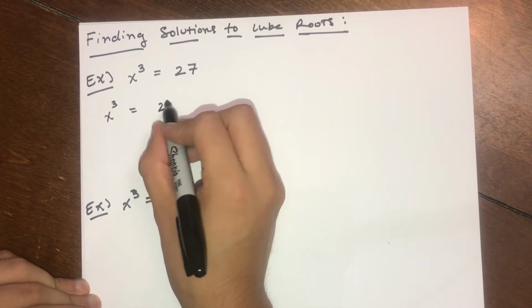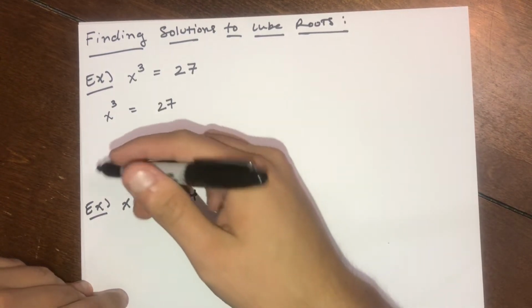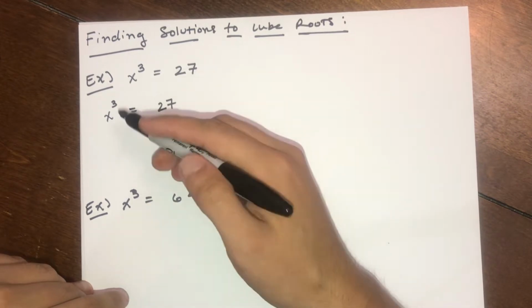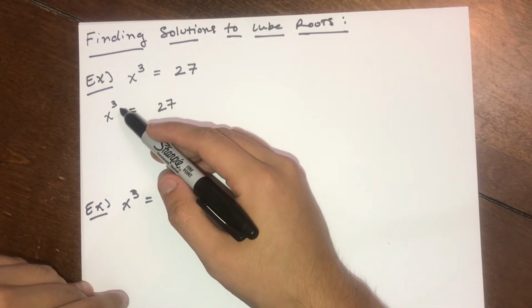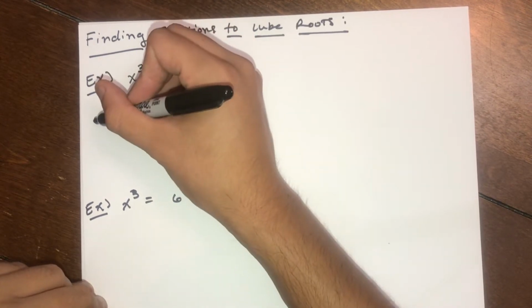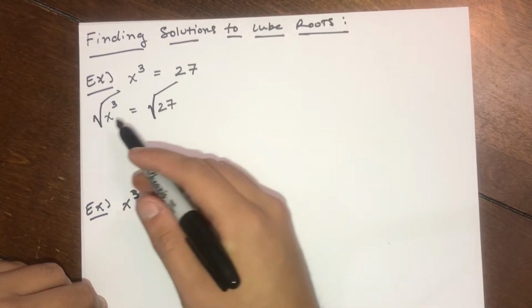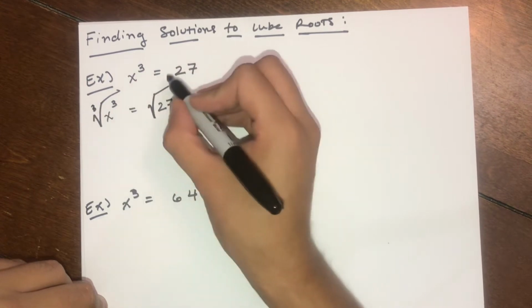All right, so in the last video, we were taking square roots. Okay, so we took the square roots of each side to get rid of the squared. But now the 2 is a 3. And to get rid of the cube, or x cubed, you need to take a cube root. Okay, and you don't just write it like a square root. When you take a cube root, you need to put a 3 here.